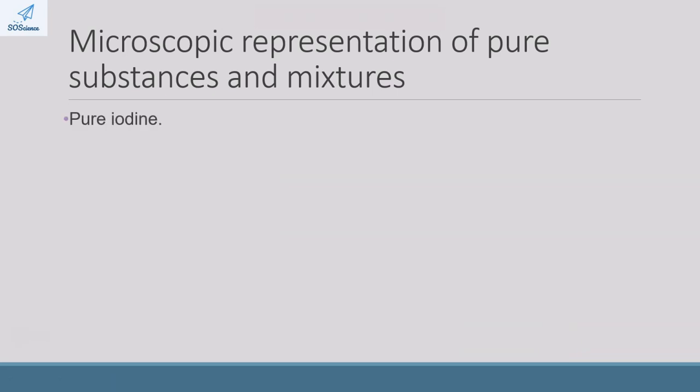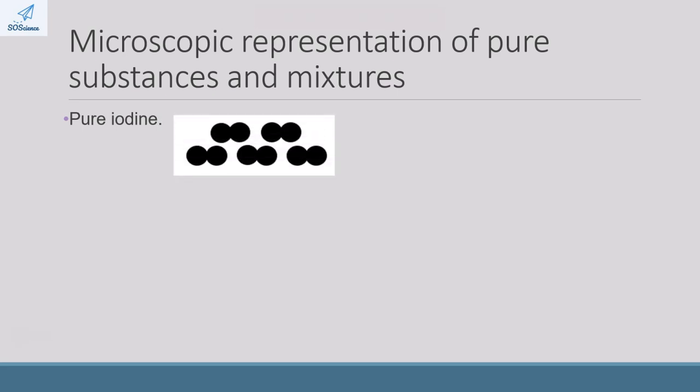Pure iodine. Well, we know that iodine is a diatomic molecule, and we also know that iodine exists as a solid. So here I've drawn iodine as a solid. The reason that this is the solid phase is because there is an organized pattern to the iodine molecules.